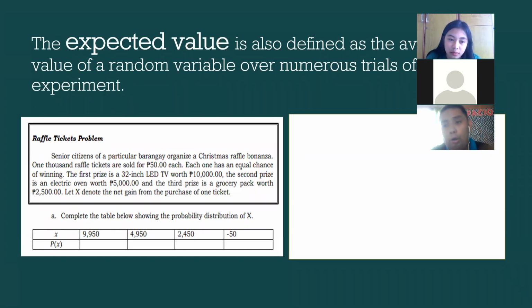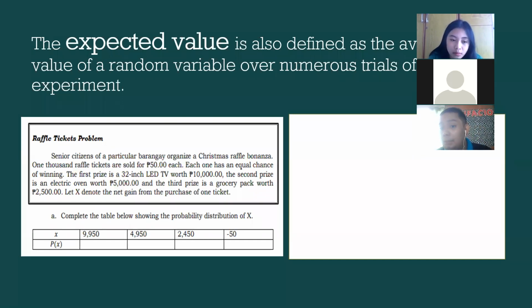Let's denote the net gain from the purchase of one ticket. So, example, isa lang raw ang ticket na binili mo. Ikaw ba ay tataya or hindi? Magkano yung expected value niya? Okay po, hanapin natin. Ang pantaya natin is 50 pesos. Ilan yung ticket na nilabas ng organizer? 1,000 raffle tickets.